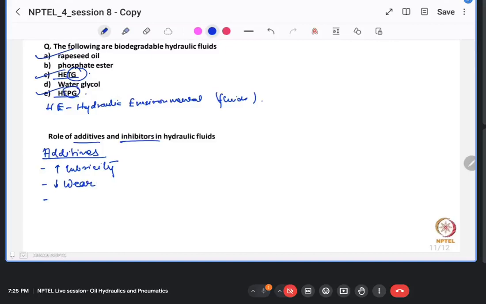Then anti-foaming properties, because if it forms a foam in the hydraulic reservoir, the heat cannot dissipate out, and that will be a secondary problem, because the viscosity and other physical properties may change with increase in temperature. So anti-foaming properties, then demulsibility.